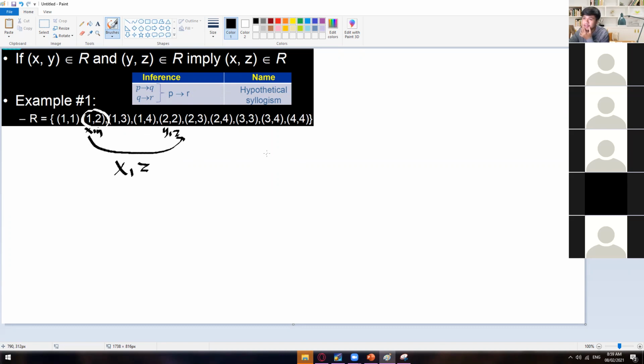So your hint here is actually the last part and then the first part of the ordered pair. So you have to check this part, 1, 1, then 1, 1 again for 1, 3, and then 1, 1 again for 1, 4, and then 1, 2 for the 2, 2 right here, and then 2, 2 for the 2, 3, and then 2, 2 for the 2, 4, 1, 2 for the 2, 3.